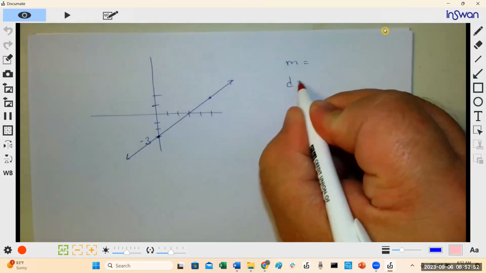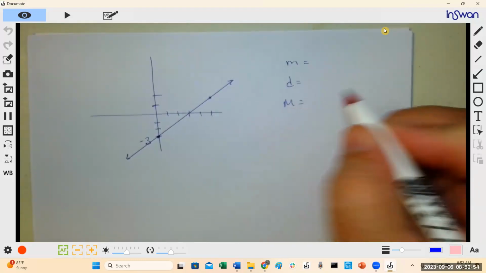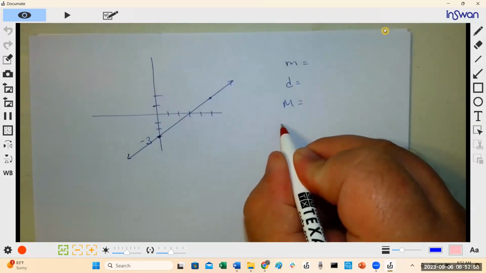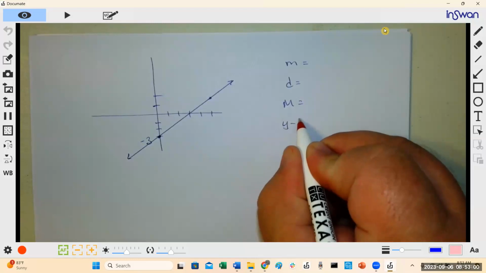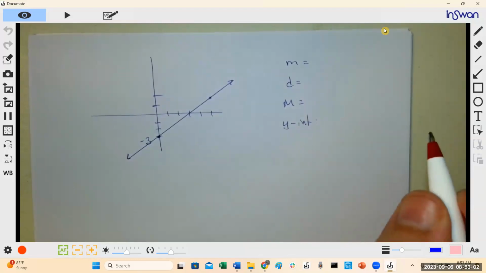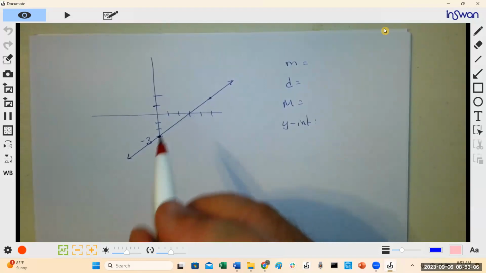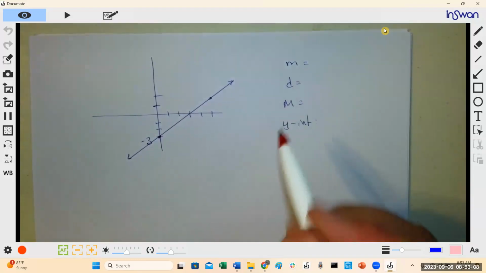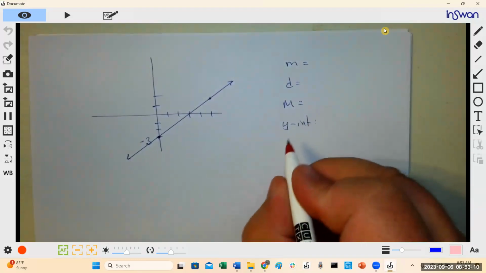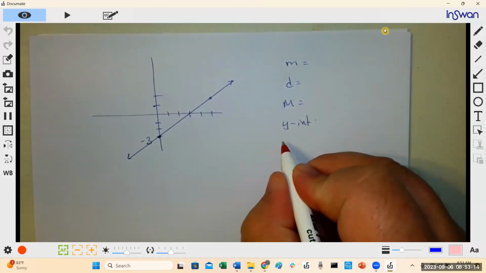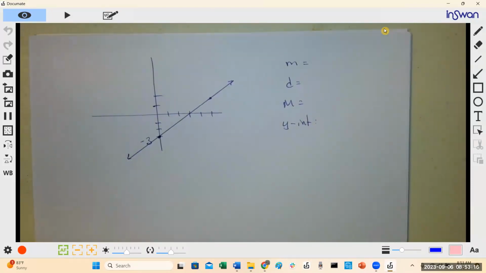You can tell me the distance between them. You can tell me the midpoint. You could tell me the y-intercept. The x-intercept, even though it looks like it's going through there, it's not for sure. We can't do that just yet with a picture. And actually, we'll find the equation of a line in a second.